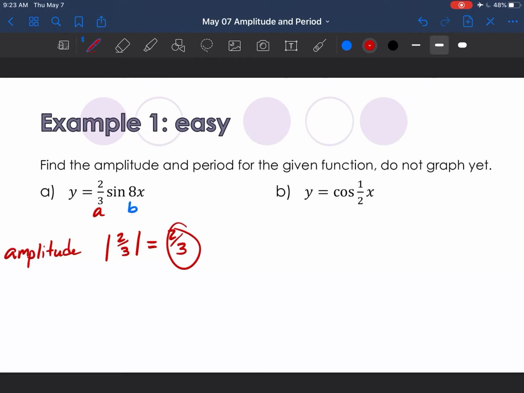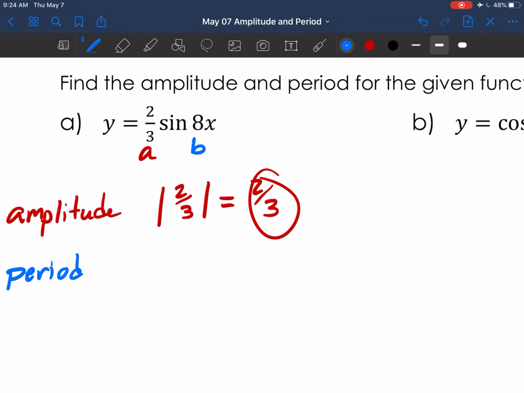Then for the period, that's where you have to use the formula. The period is going to be, remember, it's 2 pi, always 2 pi, nothing different, divided by whatever number b is. So I'll write out 2 pi divided by b, which would give you 2 pi divided by 8.